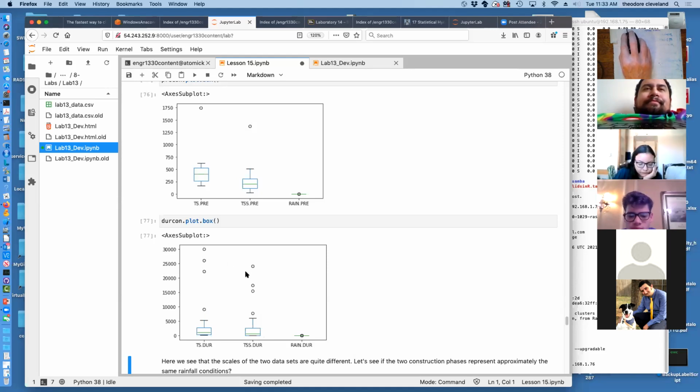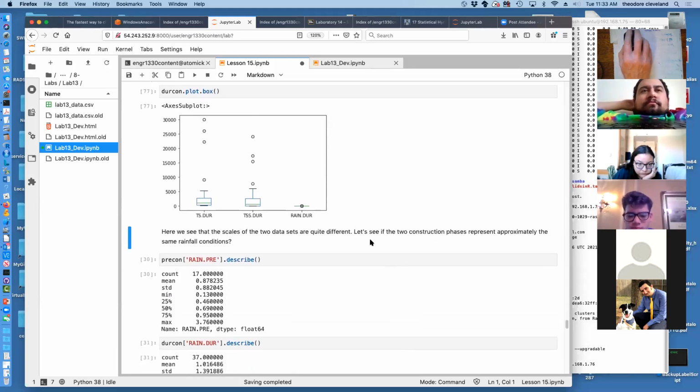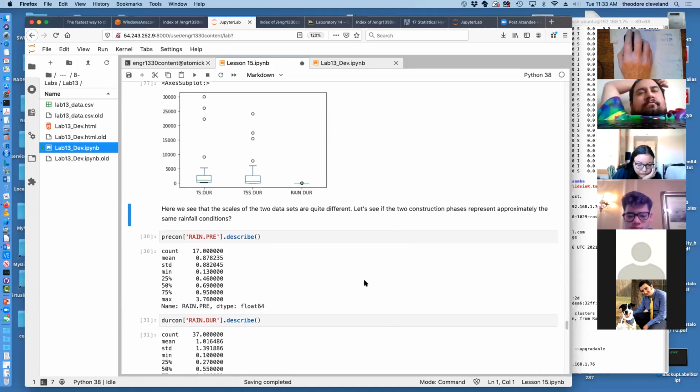We have these more dots. So assuming that we trust our computer program to identify what could potentially be high outliers, in the during construction phase, we have roughly 4 higher outliers, where in the pre-construction, roughly 1, and our rainfalls look about the same. So we see the scales of the two data sets are quite different.